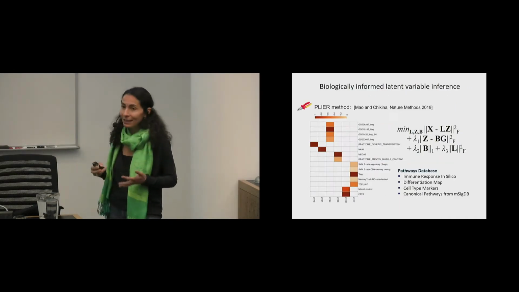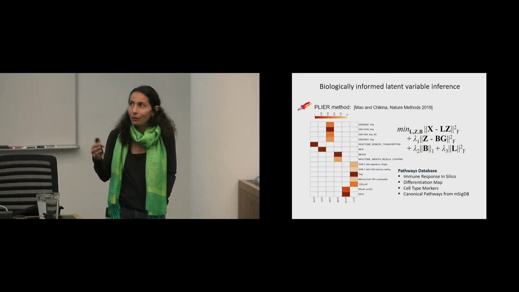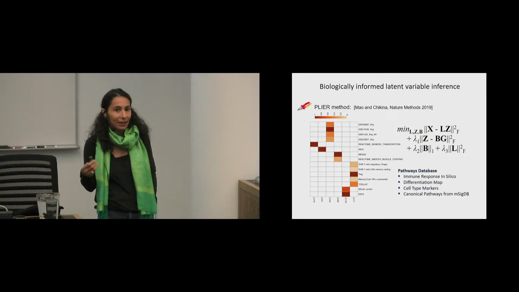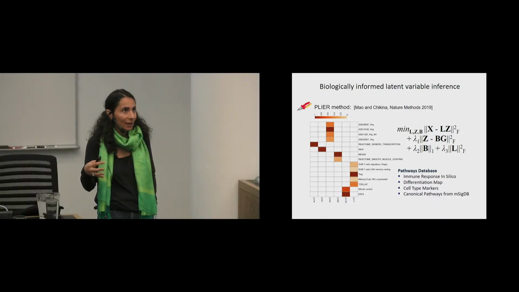So instead of using PCA, we use a method that was recently published called PLIER, which is basically a constrained factor analysis with the added component that each loading of our loading vector is constrained to represent a set of gene pathways or gene sets.